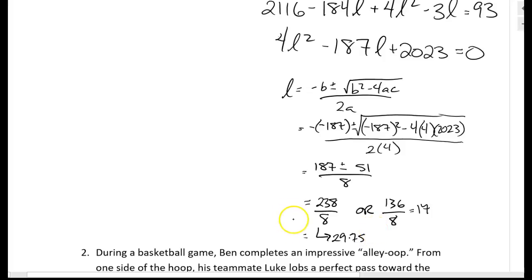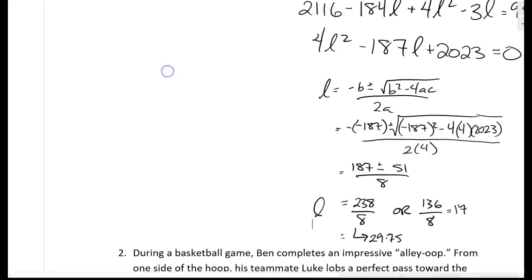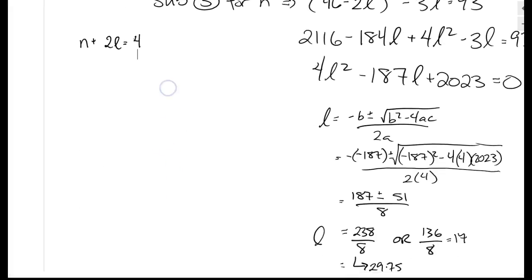Okay, so that's l. Now I need to go back and solve for n. So remember, n plus 2l gave me 46. So n equals, and we can go back to that rearranged formula as well, 46 minus 2l. Option 1 is when l equals 29.75.